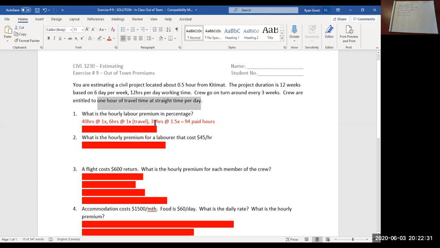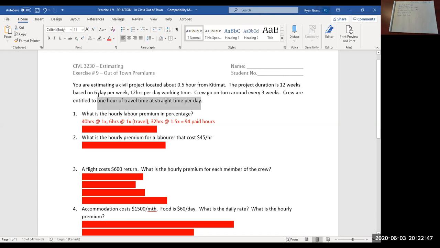Then the 32 hours at time and a half. 32 plus 40, right? That's 72 hours. So 6 times 12, that's 72 hours.